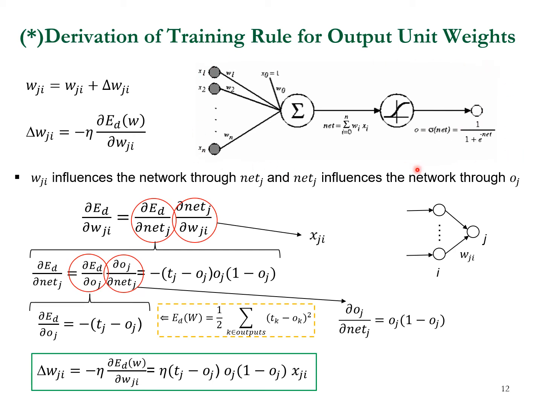Again, you're going to compute the weight values which connect from the hidden node to the output node.